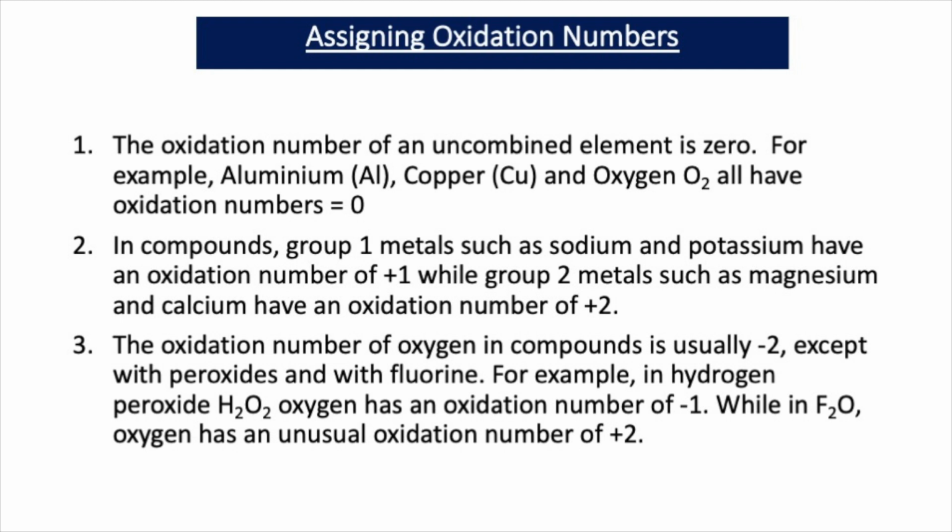So, for example, in hydrogen peroxide, H2O2, oxygen has an oxidation number of -1, while in F2O, oxygen has another unusual oxidation number of +2. Now, these are exceptions to the rule because in the majority of cases, oxygen has a -2 oxidation state when in a compound.